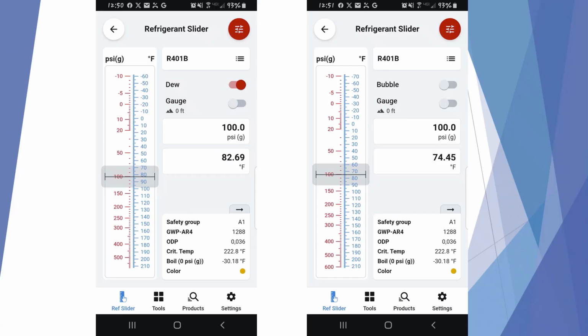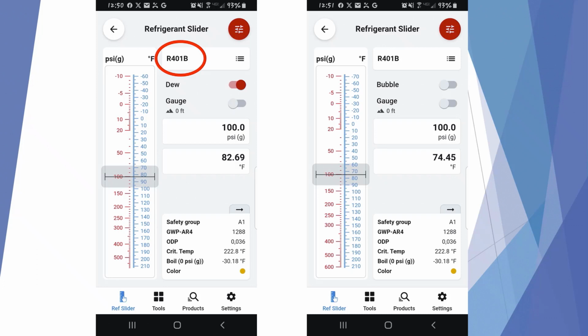Let's take a look at a refrigerant that has a larger glide. R401B has a pretty large temperature glide, and so therefore it is definitely a zeotropic mixture.